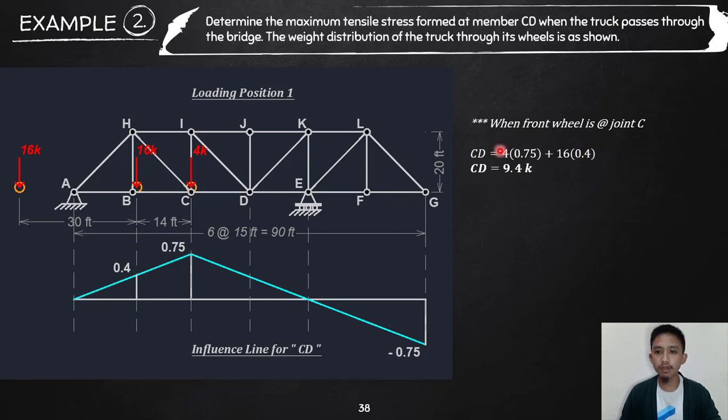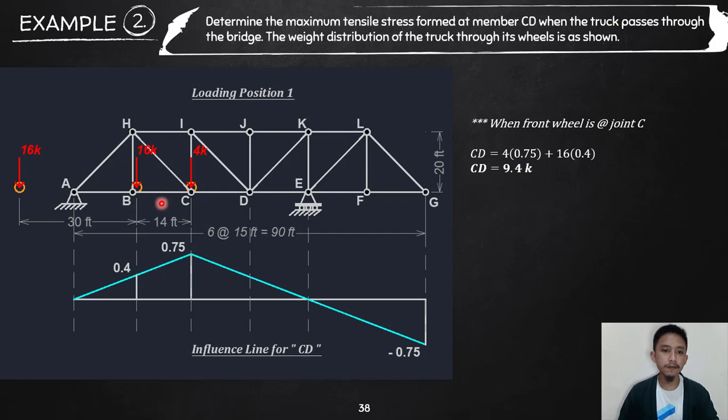That will be a total of 9.4 kips. That will be our actual stress, or that is the tensile, since, as we can see, we ended up with positive. And that is what we expected, since we located the load within the positive region. So that is one of the possibilities. Let's call that one loading position 1.